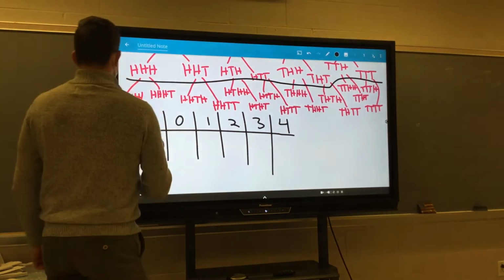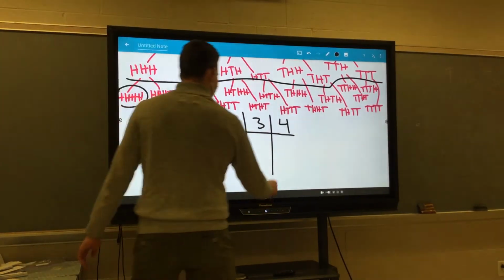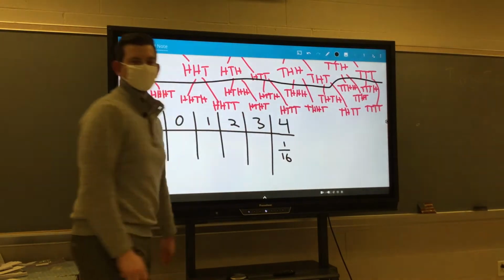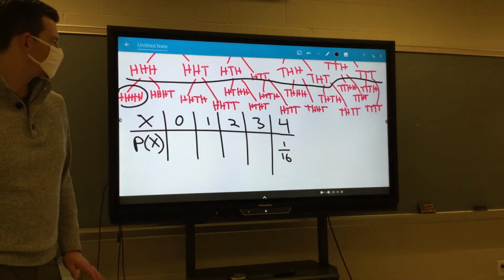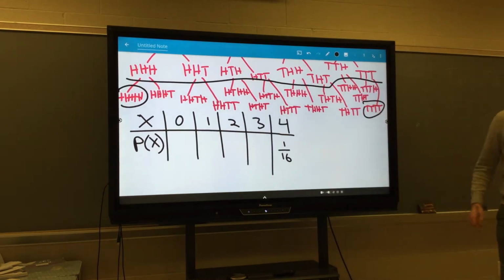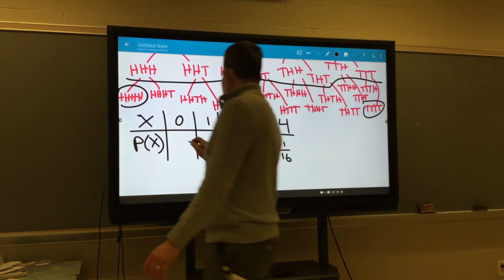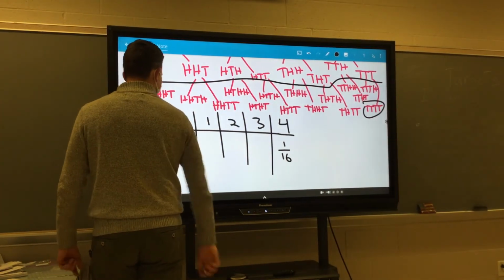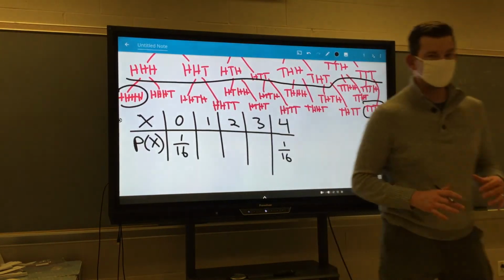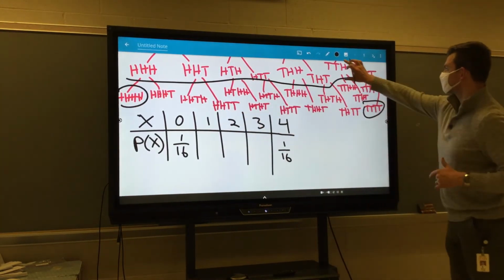Right here, heads, heads, heads, heads, that was all 4 of them. That was one of the 16 possible outcomes. On the other end, there are 0 heads in tails, tails, tails, tails. Again, only one of the 16 possible outcomes.